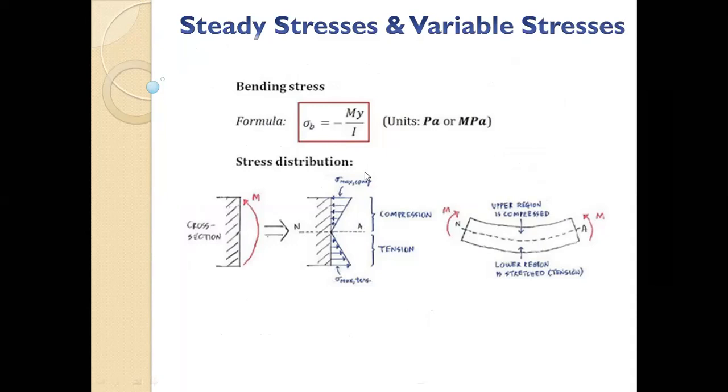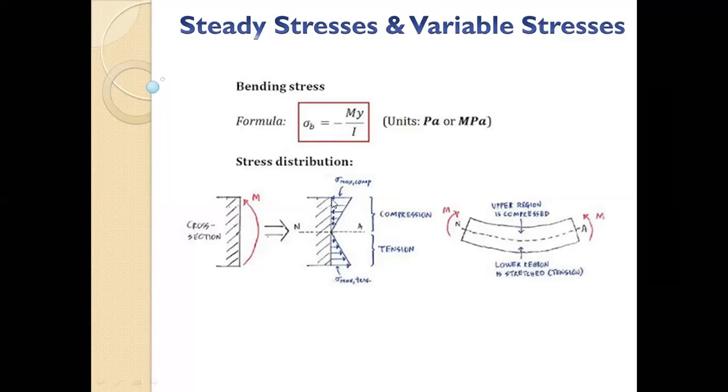The stress at the topmost or bottommost fiber is calculated using this equation. Sigma b is the bending stress, equal to M upon I times y, where M is the bending moment acting on the beam, I is the moment of inertia, and y is the distance from the neutral axis.